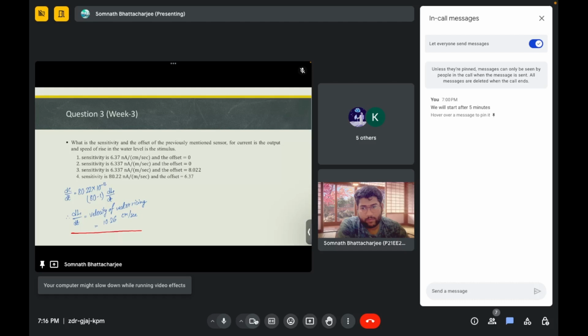Let me give you a hint. There was an equation that says that the current was nothing but V dC/dt. As I have already told, the dV/dt term will not be here because V is a DC voltage. So we know this term is our output and the speed of rise of water is the input stimulus, that is dL1/dt, and we have our output here.